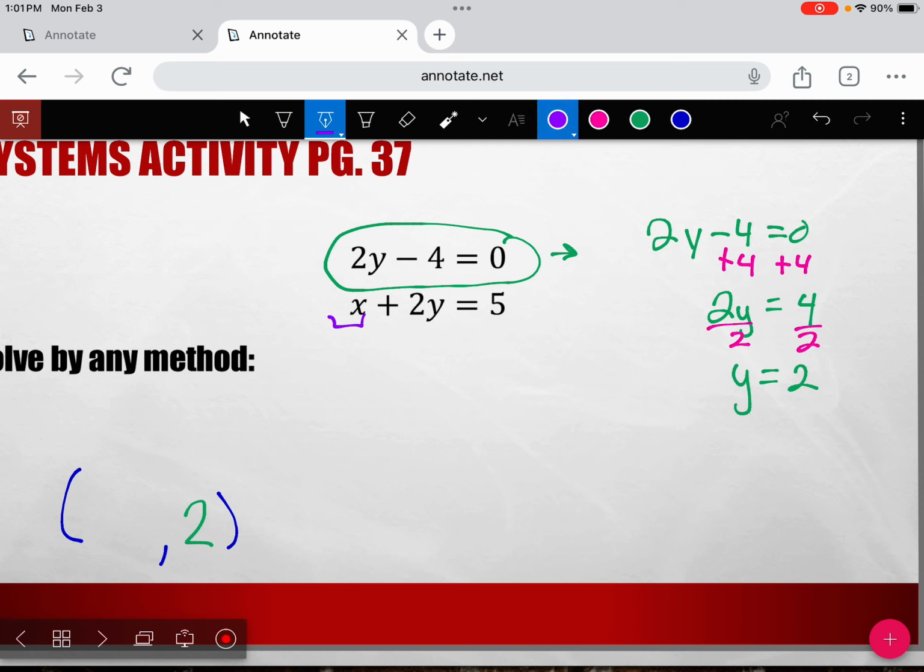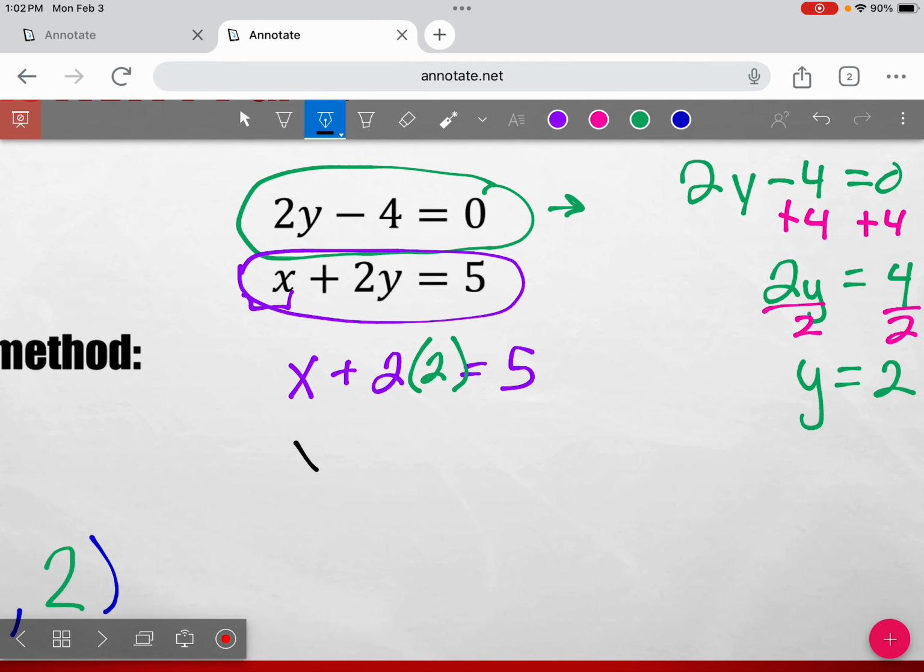In order to get my x, we're going to take the other equation and substitute that value in. So we have x plus 2y equals 5, but instead of the letter y, we put in what we know our y to be. Our y is 2, so we're substituting that 2 in. We have x plus 2 times 2 is 5, which is the same thing as x plus 4 is 5.